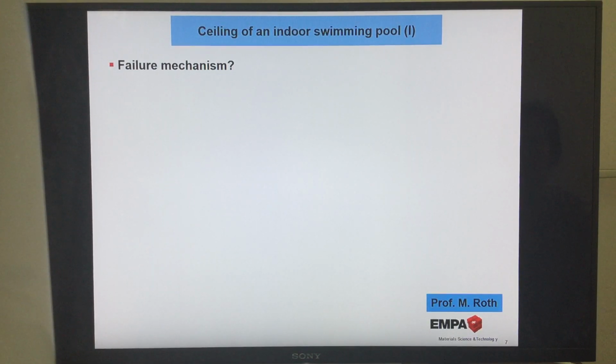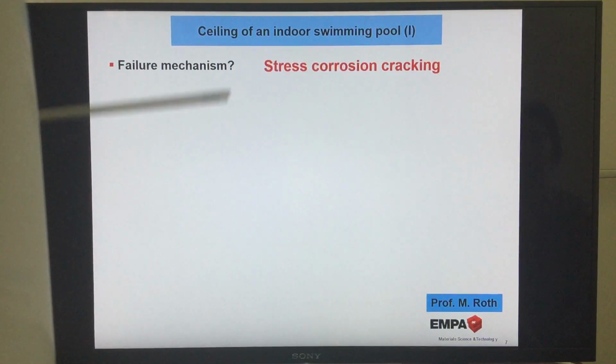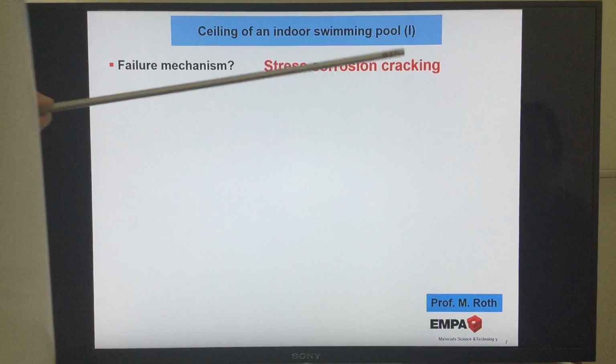What do we know about indoor pools? The water has to be cleaned because it's full of bacteria, and for cleaning, what do we put inside? Chlorine. And the chlorine, what do we know, is bad in terms of corrosion. It has a bad influence, and we have to find out. So the failure mechanism is stress corrosion cracking.